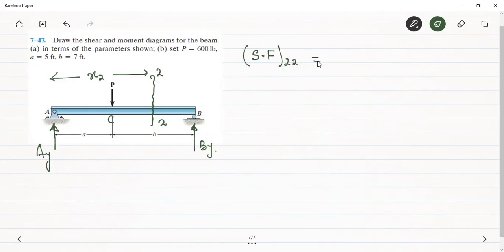Shear force at any section is equal to the algebraic sum of all the vertical forces, including support reactions, either from the left hand side or right hand side. We are interested in LHS. Therefore, AY will be the shear force, and another shear force will be due to this load P. AY is from the left hand side and it is in the upward direction. It will be positive, that is plus AY.